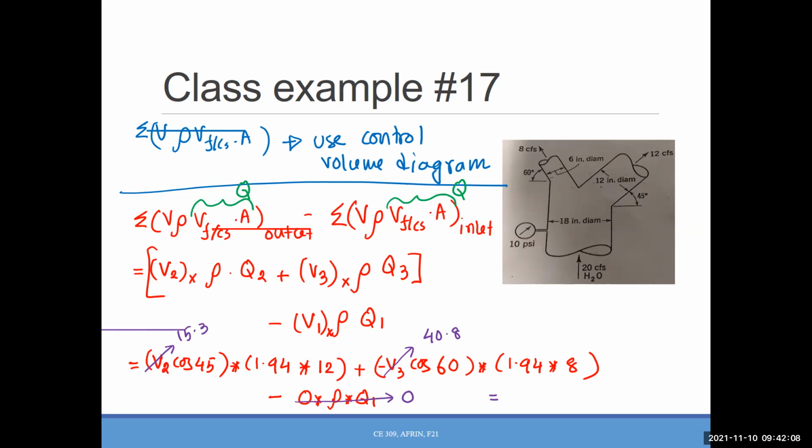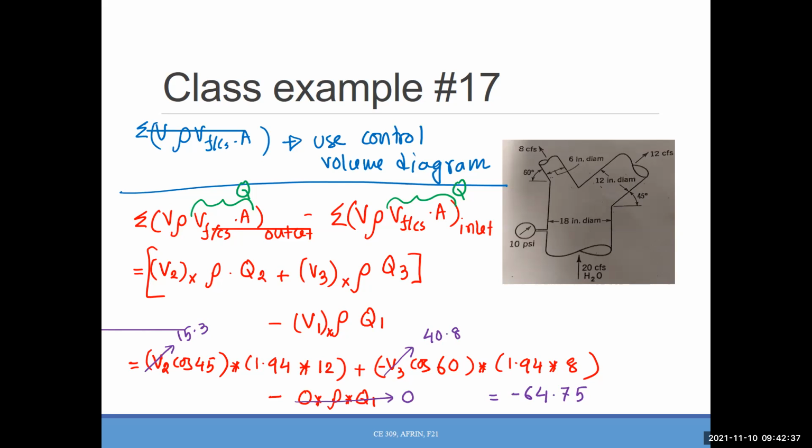Let's check if I write down everything properly. Yes, 15.3, 1.94. Yes, that is correct. Yes, you should get negative 64.747. Right? So negative 64 point something like that. Okay.